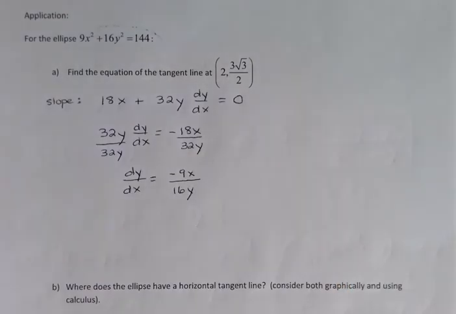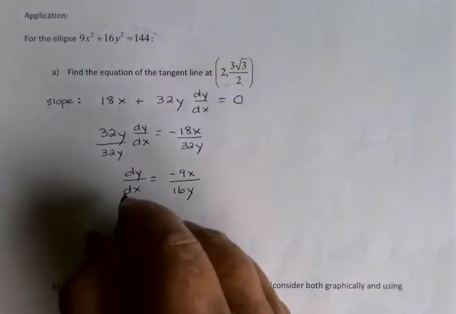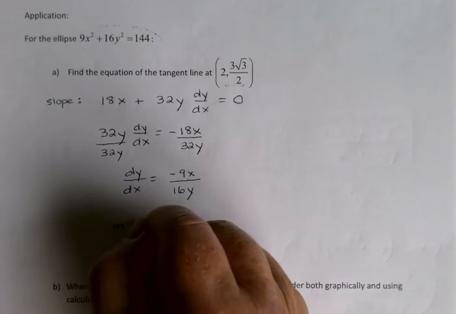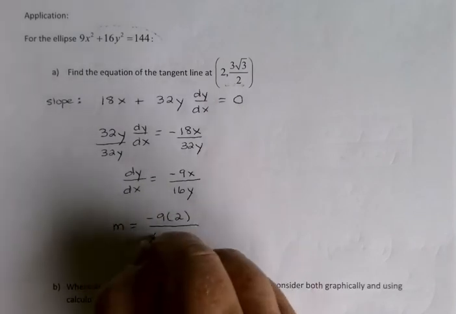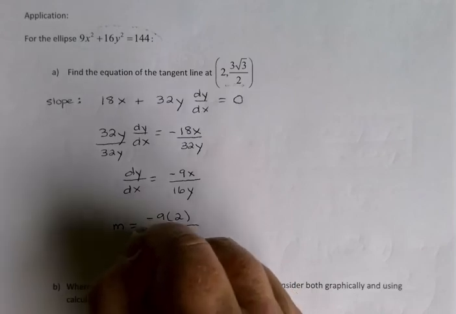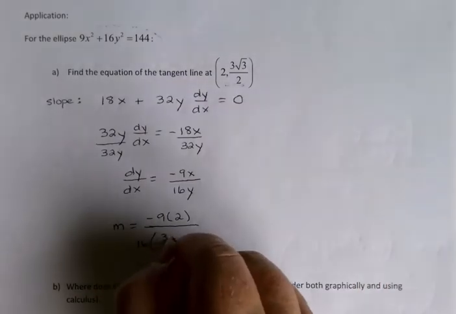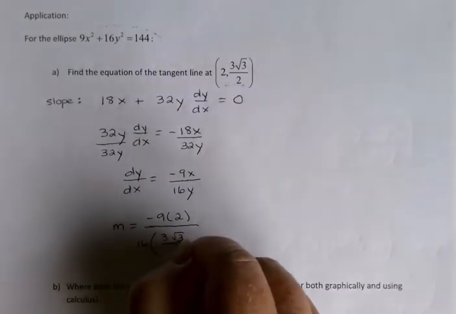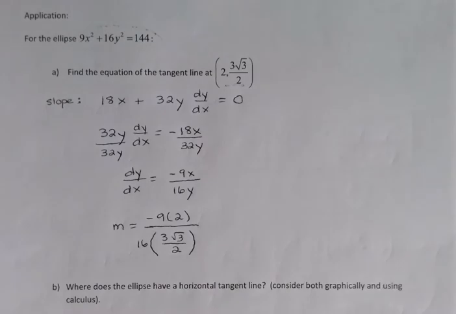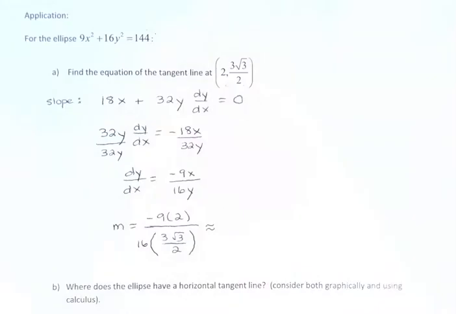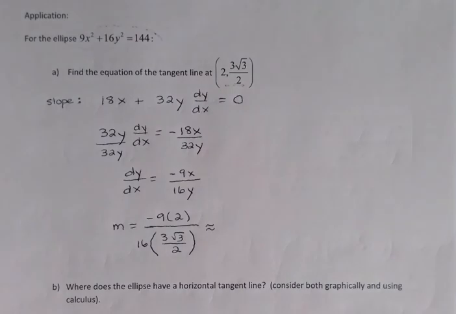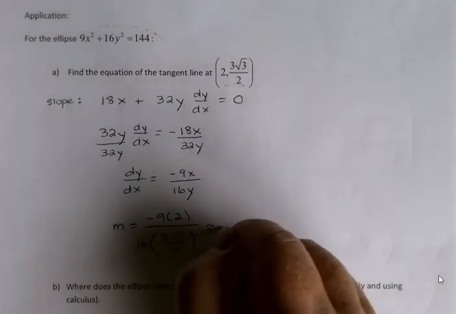And so to find the actual slope that I want, I'll simply plug the x and the y values in there. 2 for x, and 16 times this, not such a great but workable number, 3 square root 3 over 2 for y. This is not going to come out very pretty, so I'm just going to get a decimal approximation. And I got negative 0.433.